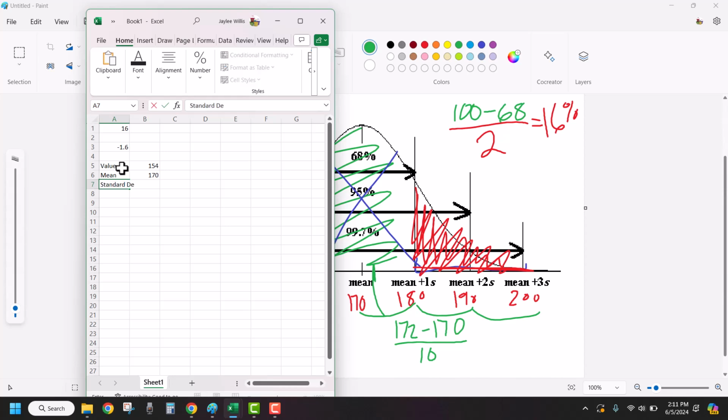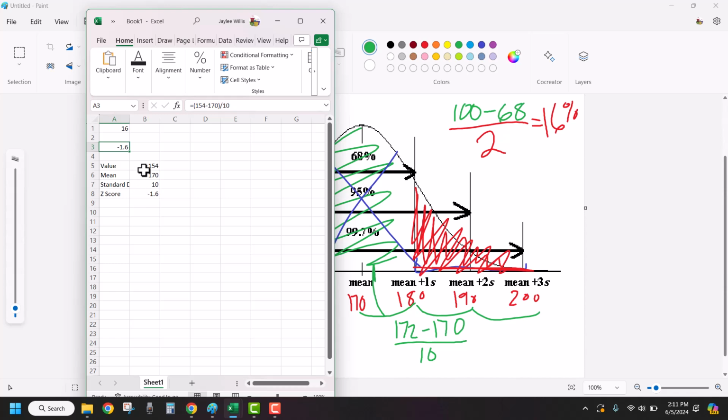The standard deviation was 10. And if I wanted to calculate the z-score, which I've already done up above, but I'm just showing you a different way to do this. You can, instead of typing in the numbers directly, you can use the cells. So, like, I type in my equal sign, and then in parentheses, I would just click on this cell, subtract the mean, and then divide by the standard deviation. And you can see we got the same answer that we did by typing in the numbers directly.